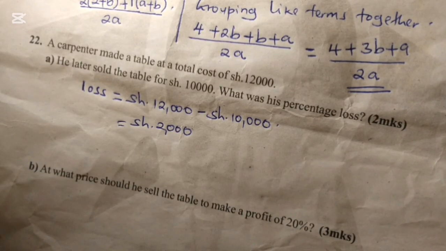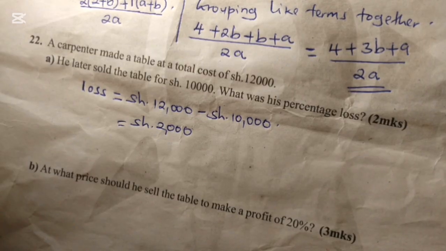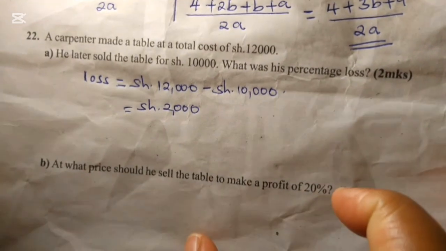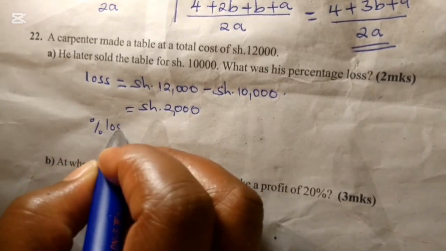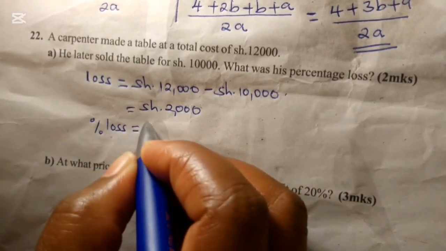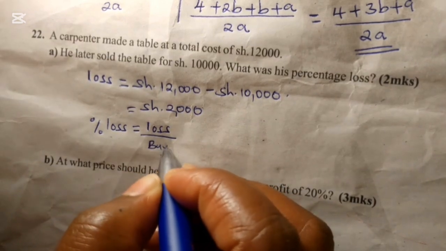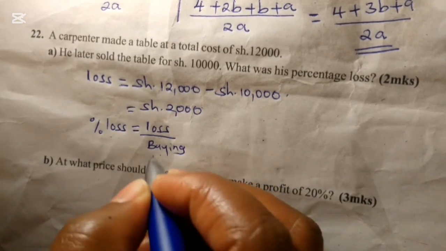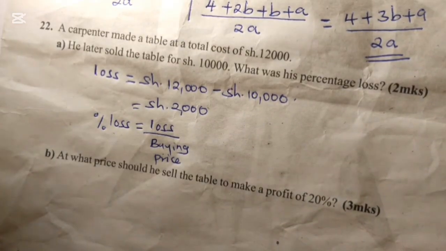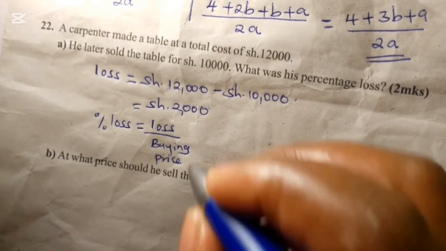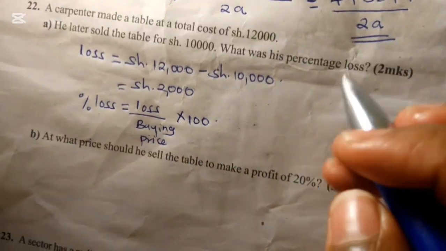Now the question is not just the loss, but the percentage loss. And we are supposed to know that percentage loss is equal to the loss over the buying price. In this case, the buying price is the cost of making the table. Then this will be multiplied by 100.